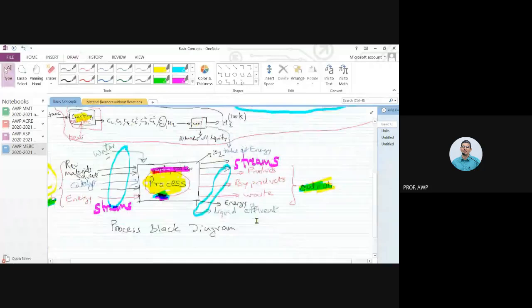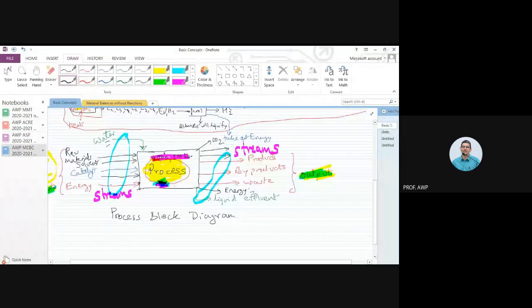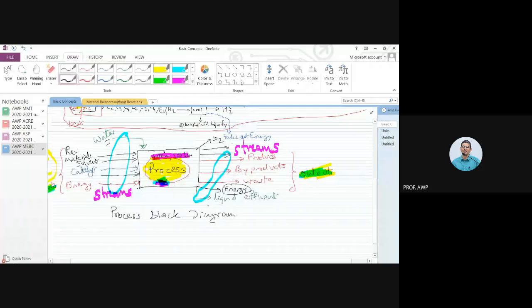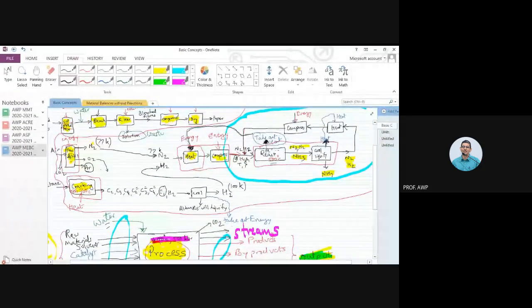So if you think about a reactor, energy is an outgoing stream. That energy can be used as an input to another block in the process.